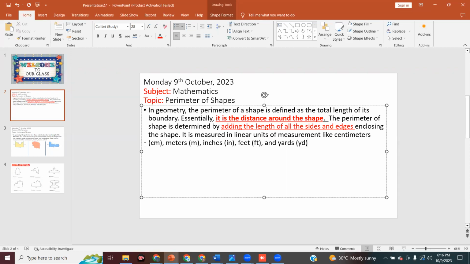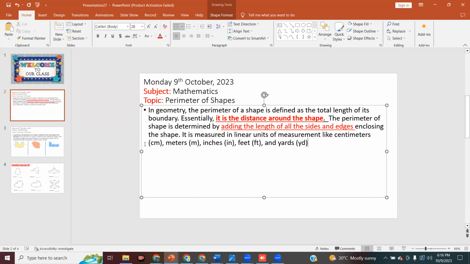So we can find the perimeter of a shape by adding all the side lengths. Whether it be a square, a rectangle, a trapezoid, a parallelogram, an irregular polygon, or a compound polygon, whatever the shape is, we can find the perimeter by adding the side lengths.